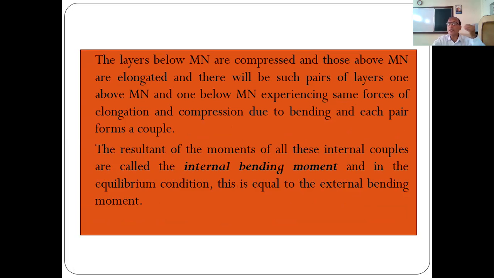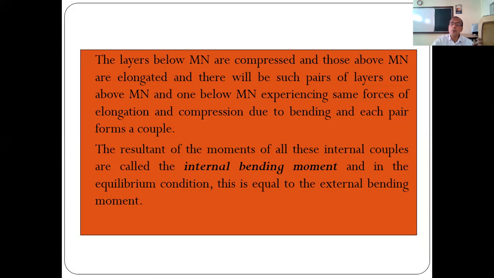That means the same value of the force applied on the upper layers, which get extended, will be experienced by the lower layers, and under the action of that force those layers get compressed, and they form a couple.